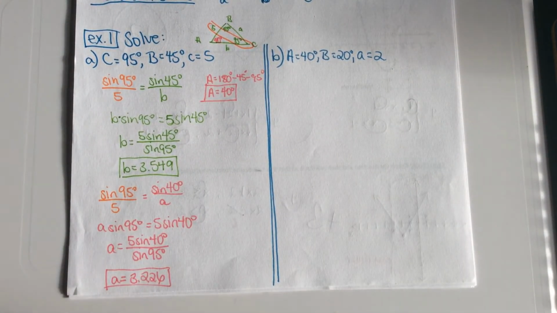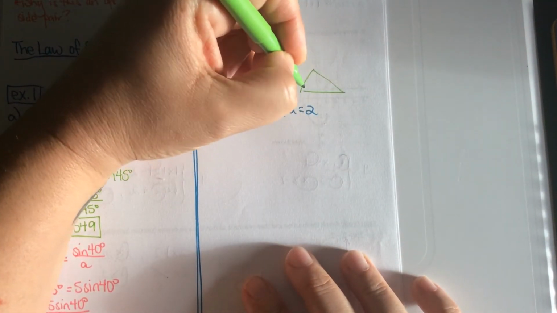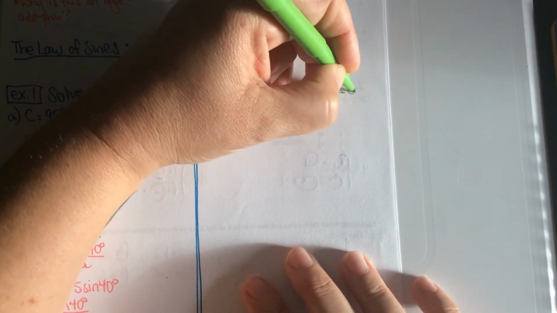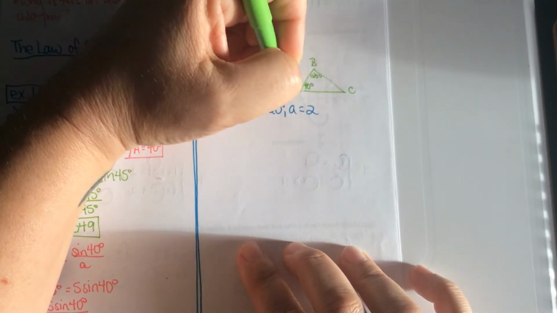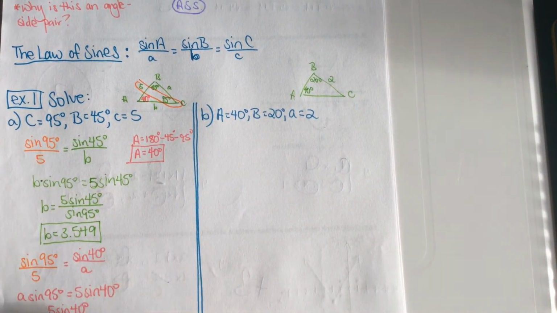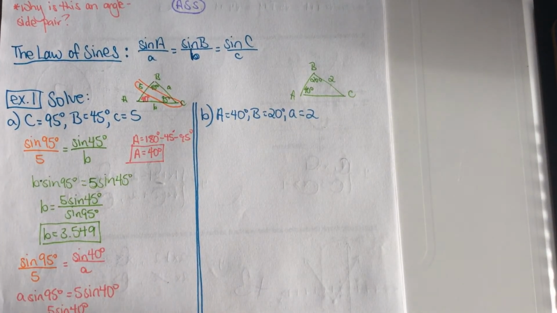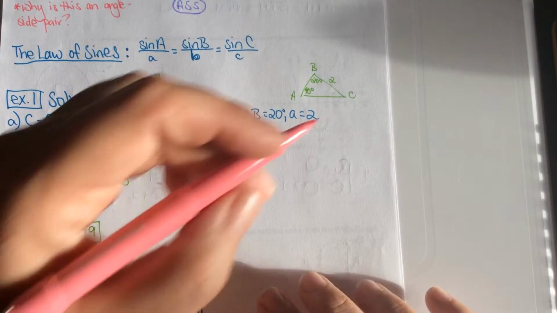All right, so let's do one more. Okie dokie, we could do this in a slightly different order. Maybe we want to find angle C first. That's 20, not 200. 20 degrees, it says right there, right?